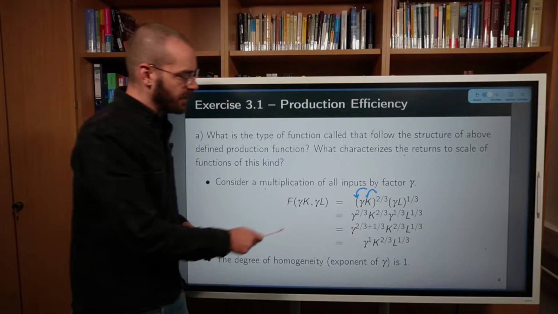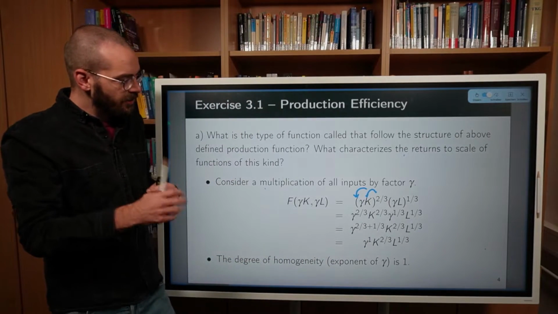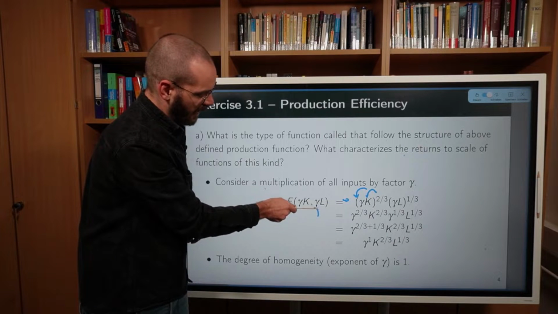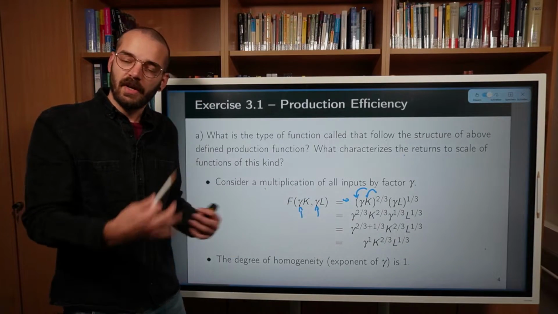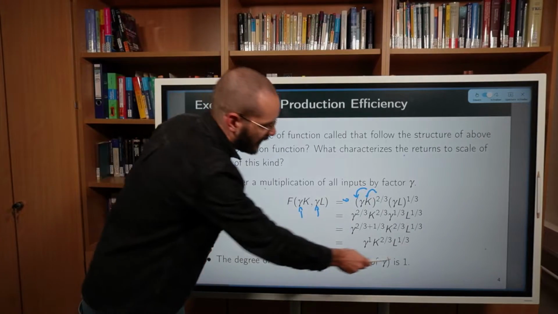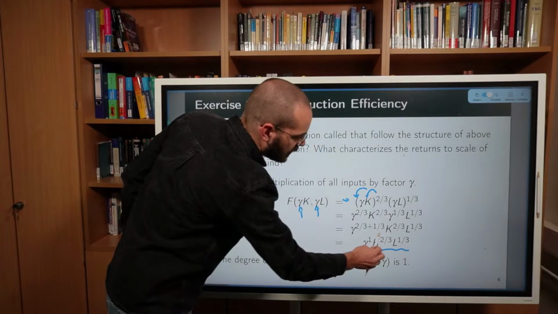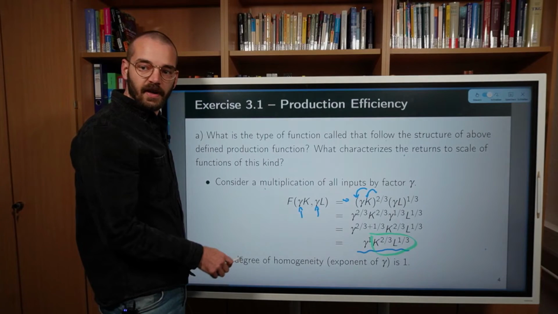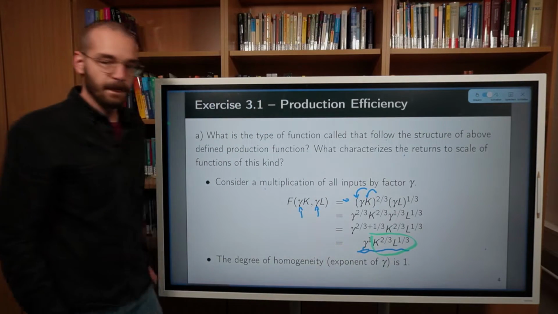And what you will notice once you go through all of these steps is that you can rearrange this initial expression, where gamma was simply a factor in front of the inputs, respectively. We can rearrange this expression to this down here, where we have the initial production function, right, multiplied with this factor gamma in the beginning.